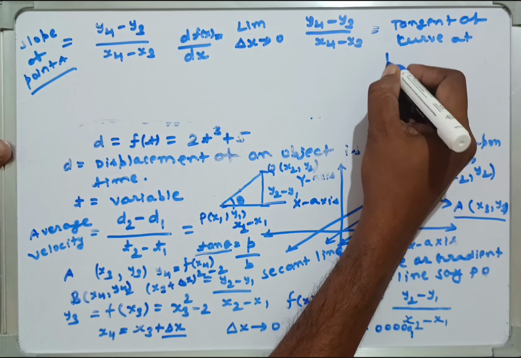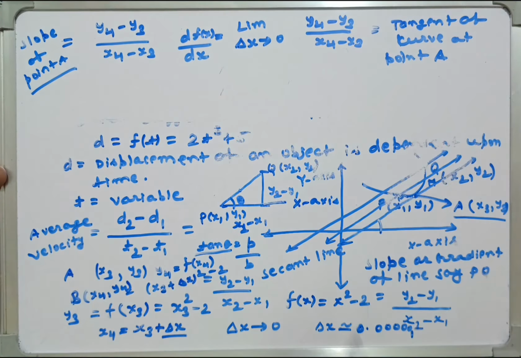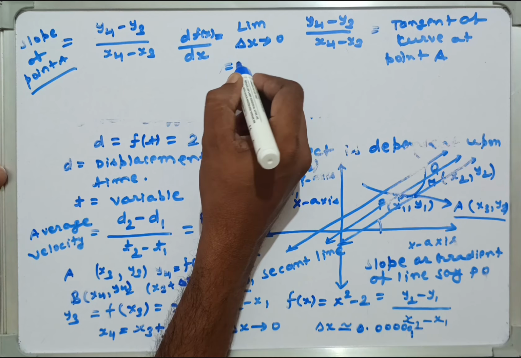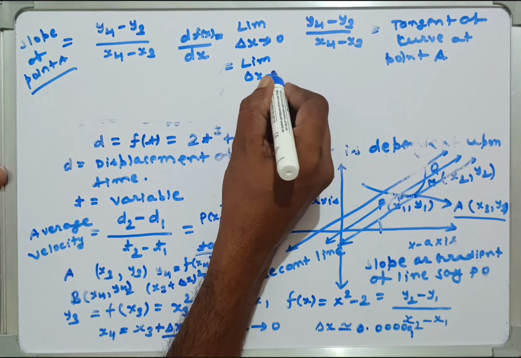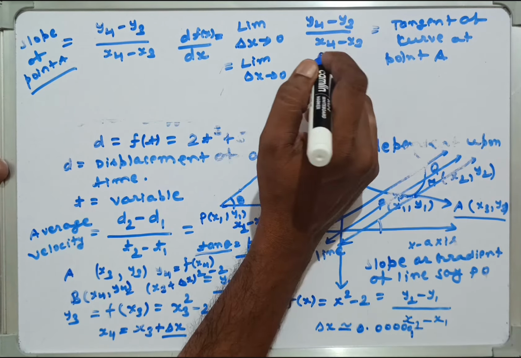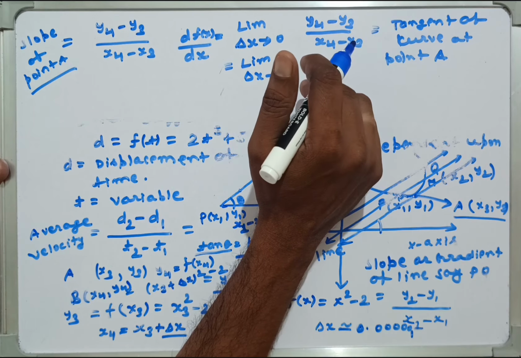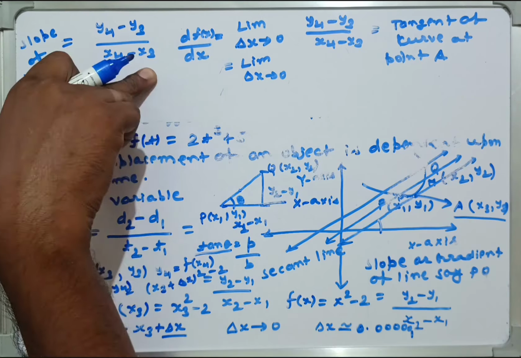at point A. So if we say limit delta x tending to 0, it means the next point is nearer to x3.